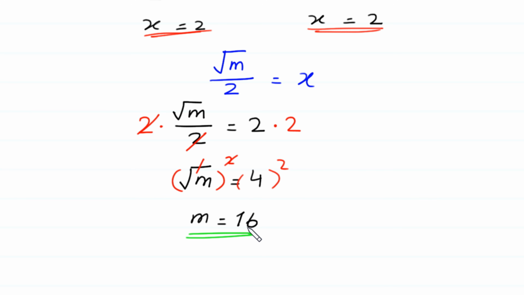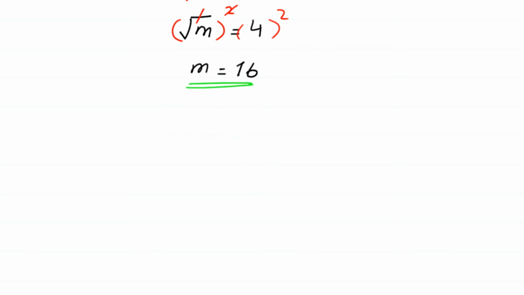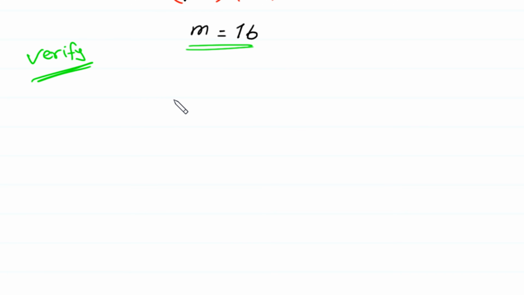Now to verify this value of m, we put this value in the original equation. The original equation is square root of 7 to the power square root of m minus square root of 3 to the power square root of m is equal to 40. In this equation we put the value of m 16.